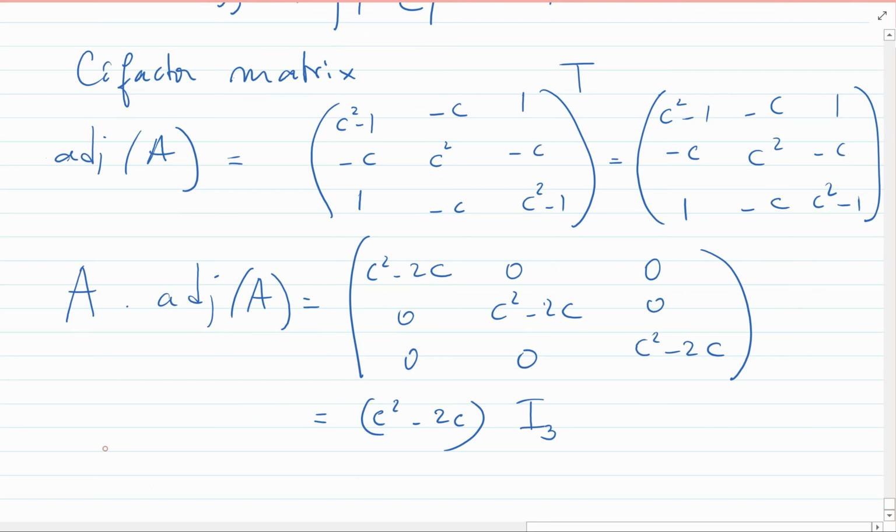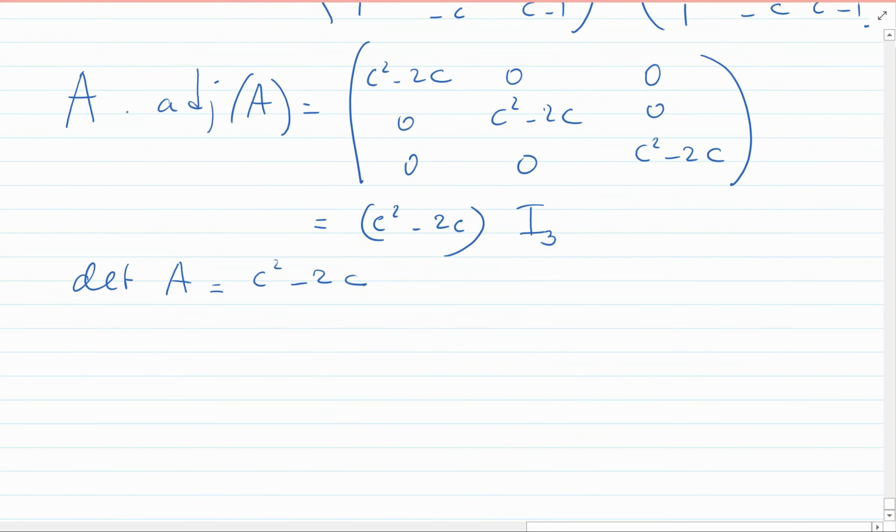So the determinant of A is C squared minus 2C, and therefore A inverse exists if and only if C squared minus 2C is not equal to 0.